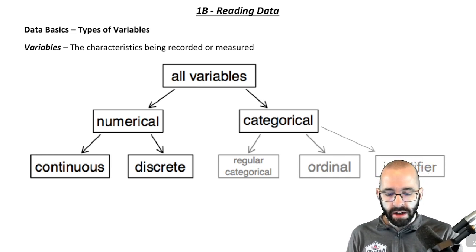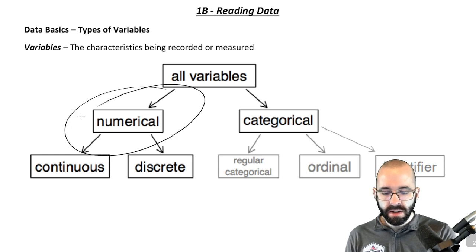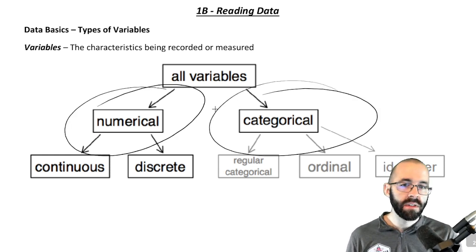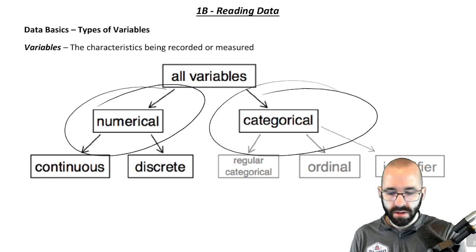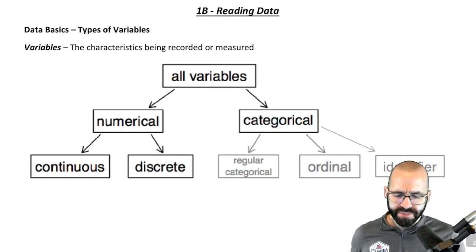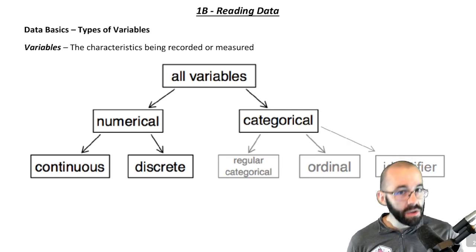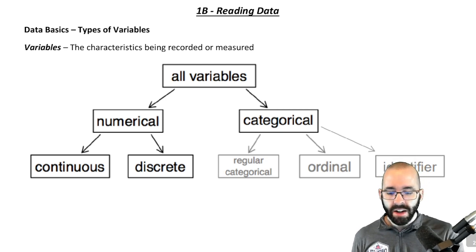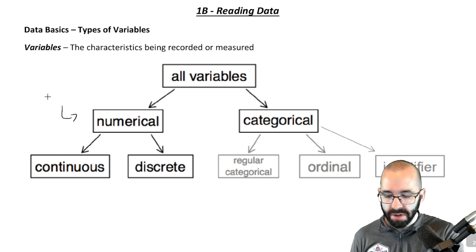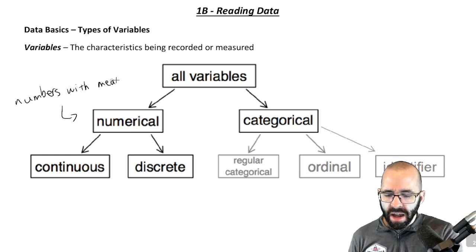All variables can be described as either numerical or categorical. Height is going to be numerical, and usually numerical just means numbers, but I'm going to be a little more specific: numbers with meaningful mathematical properties.